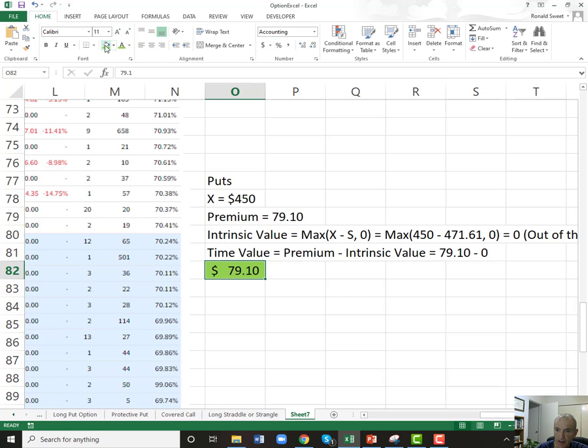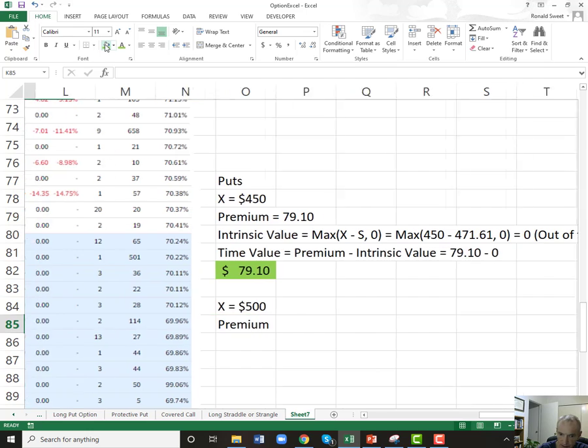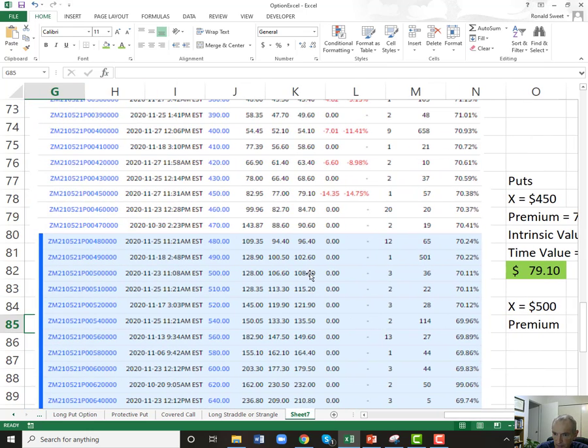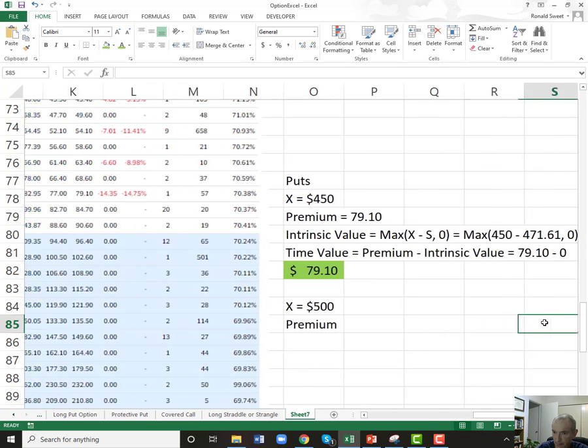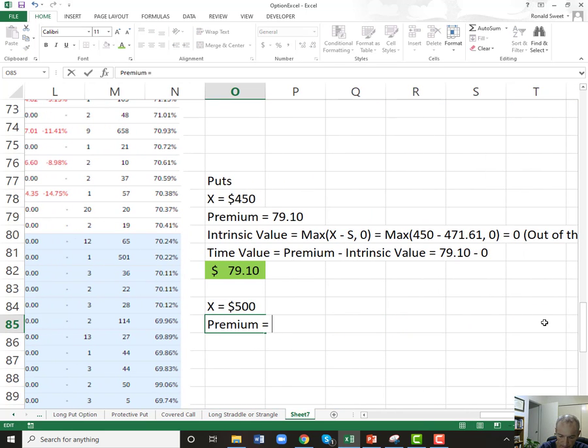Very straightforward. And then we'll do a put where the strike, like we did before, was $500. The premium here is going to be much higher because we're in the money now. It's for 500 to be 108.90. The intrinsic value is going to equal the max of the strike, 500, minus the stock price, 471.61, and 0.